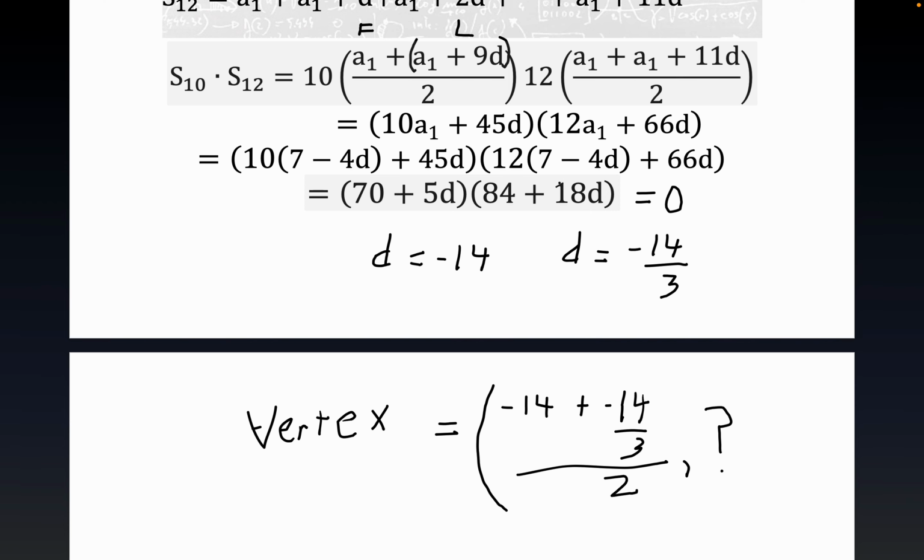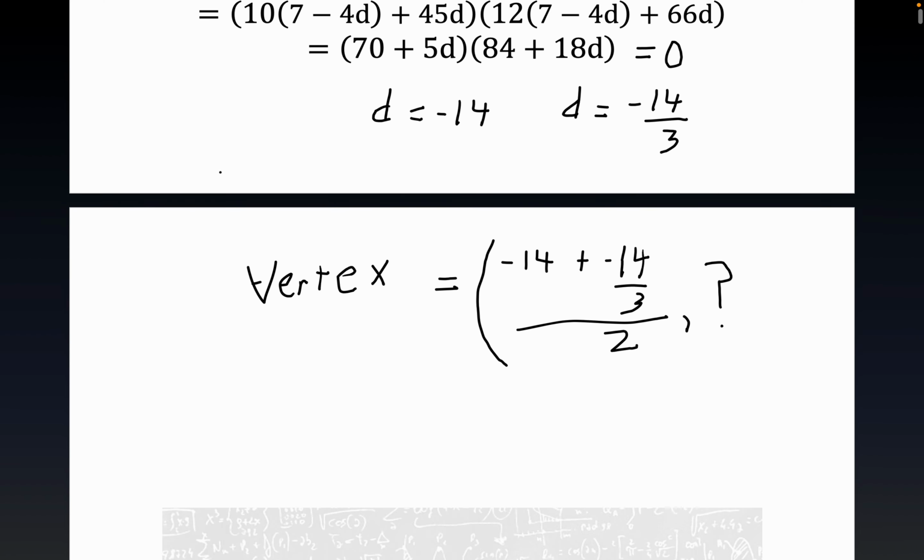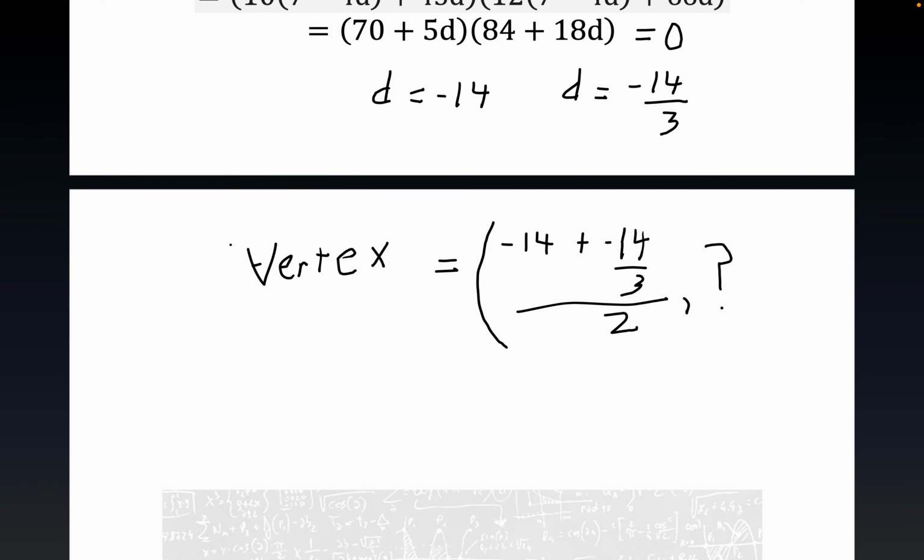You have to substitute this number back into the original expression for the product of the 10th and 12th sum. So this would be equal to, what's 42 minus 56? Let's see, folks. This will be 42 and 14. That's minus 56 over 3 divided by 2. So I'm getting minus 28 over 3 here, folks.